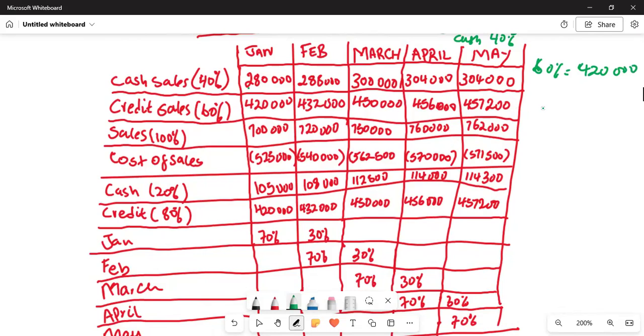So now we're going to put this 60% in decimal. We're going to say 0.6x is equal to 420,000. And then we are going to say x is equal to 420,000 divided by 0.6. Then our x will be equal to 700,000, which is going to be our total sales.